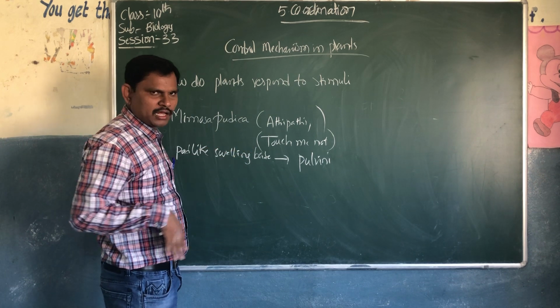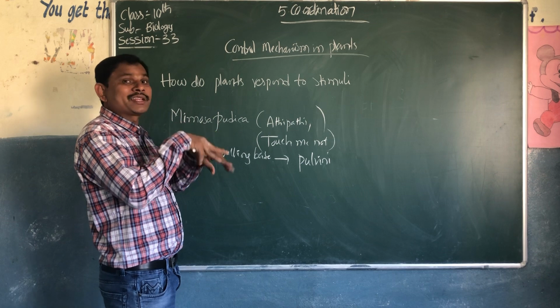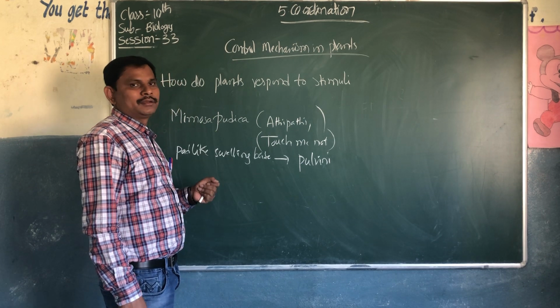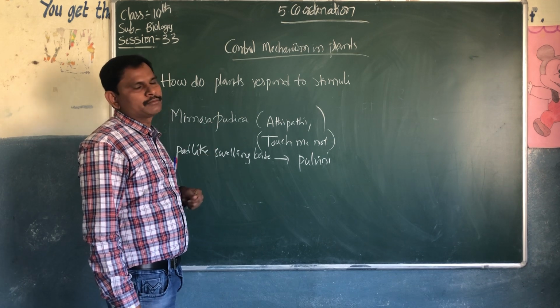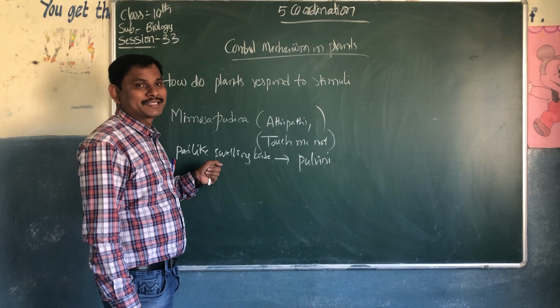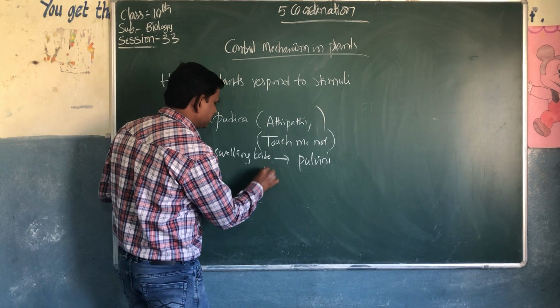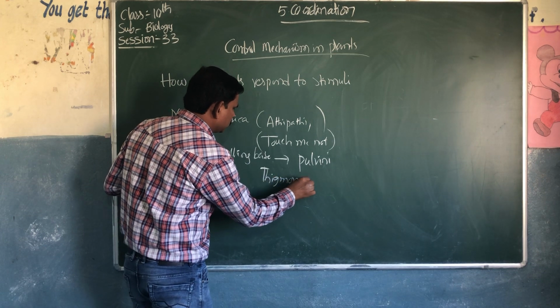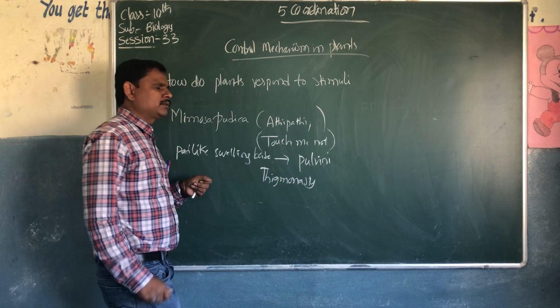If the pressure is there always, leaves are erect. This movement in Mimosa pudica is called a nastic movement. It's called thigmonasty.